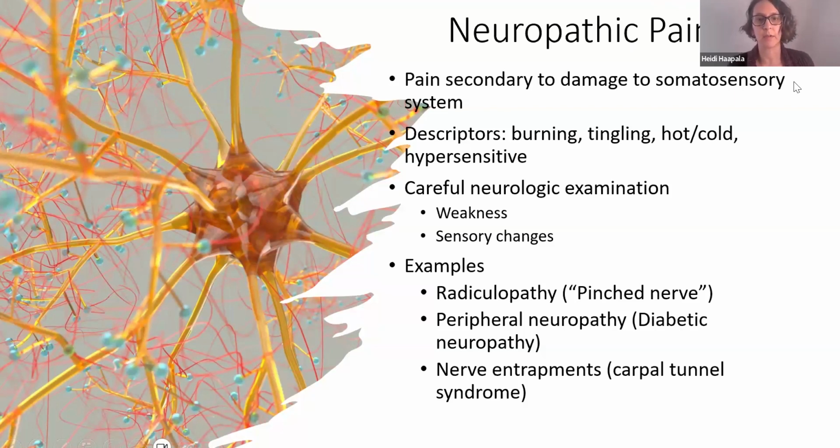Sometimes we'll see sensory changes, such as numbness or loss of sensation, or weakness. Common examples of neuropathic pain are a radiculopathy or a pinched nerve, like in your neck or your back; peripheral neuropathy, like someone who has diabetes and nerve damage from that; or nerve entrapments like carpal tunnel syndrome.